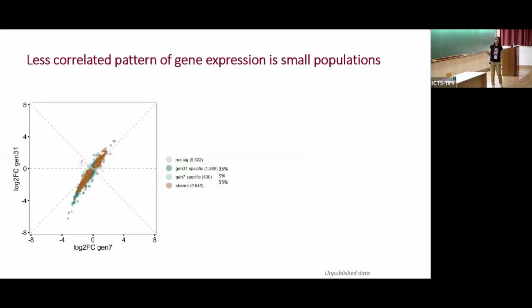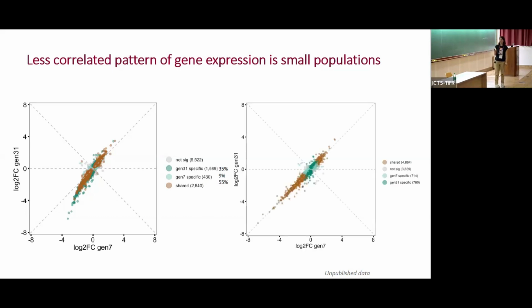And when we look at this correlation plot, which shows the correlation of gene expression in populations at generation 7 and 31, we see that there are still some genes that have a shared gene expression pattern, around 55% of the genes. But when we compare them to the large populations, the correlation is actually less.